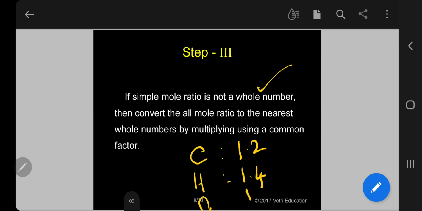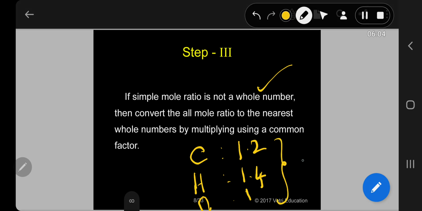Carbon 1.2, hydrogen 1.4. In that case, we have to convert all the mole ratios 1.2, 1.4, 1 to the nearest whole number by multiplying by a common factor.